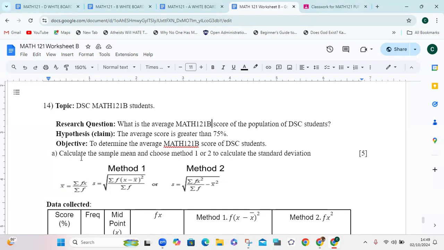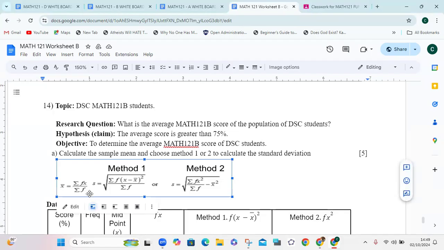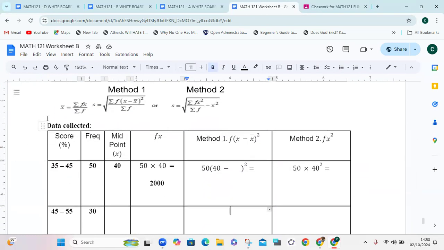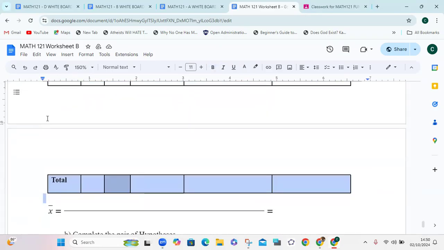So to do that now, we are required to calculate the sample mean and choose method 1 or 2 to calculate the standard deviation. So to calculate the sample mean, here is the formula. We've got to find the sum of fx over the sum of f. And as you can see, a table has been prepared, partially completed with the data collected.